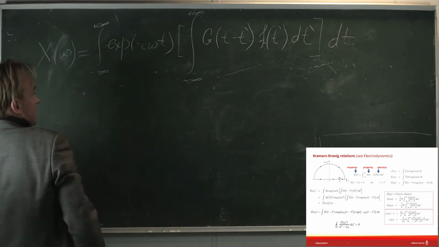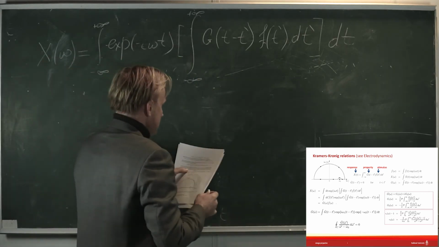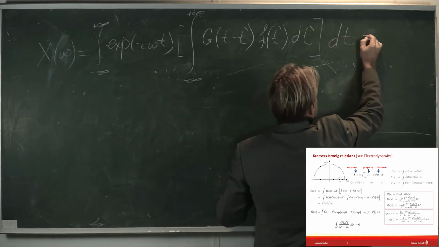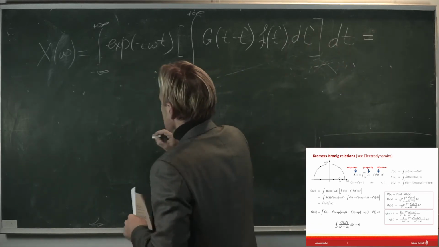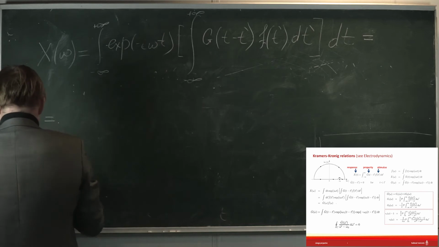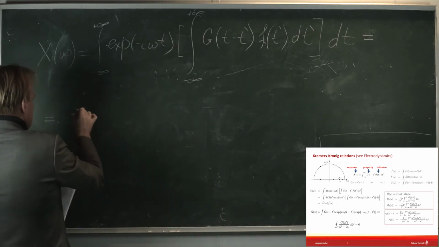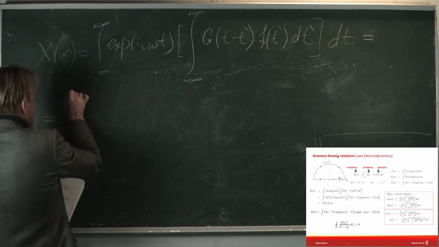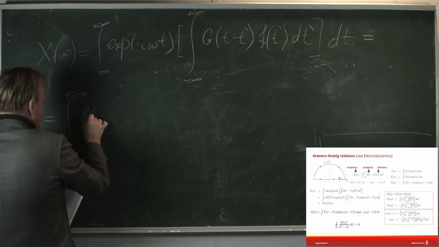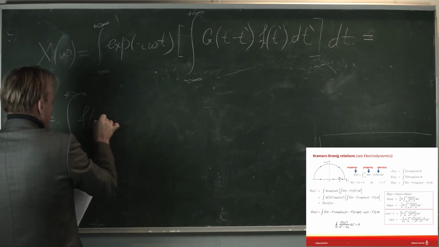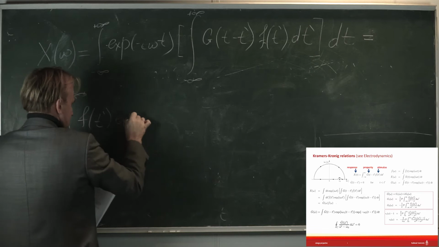So using Fubini's theorem, we change the order of integration with respect to t and t prime. And the result that we get will be like this.